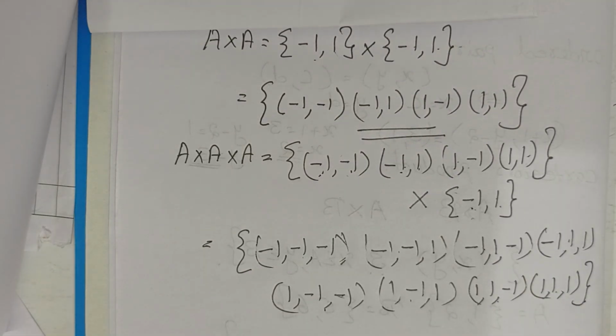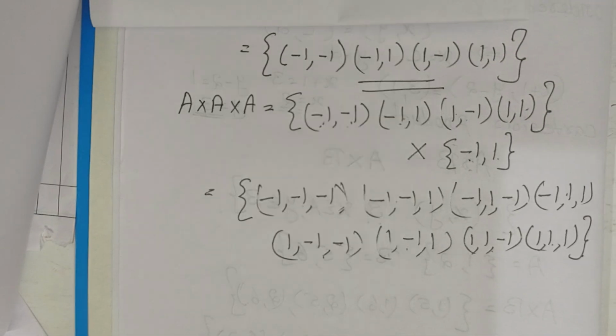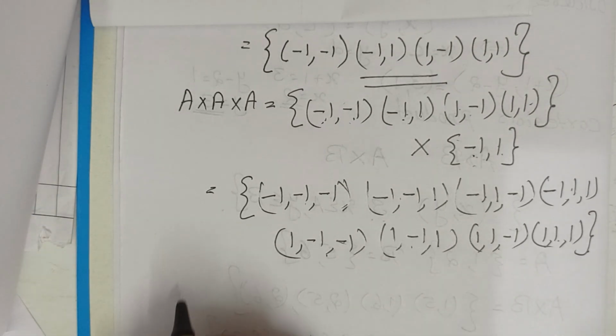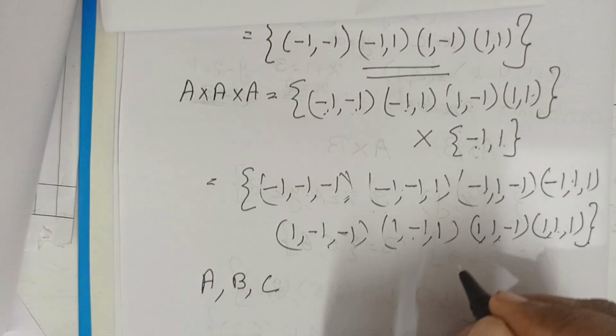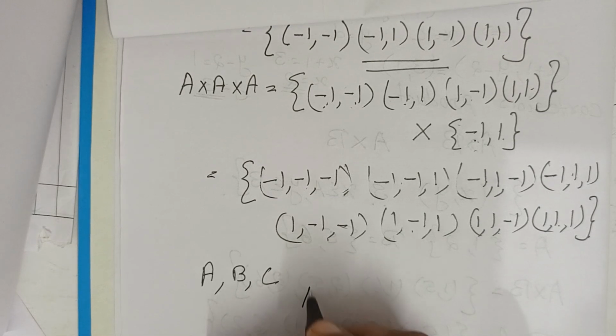I think you can write the definition also. If 3 components are there, the Cartesian product of 3 sets, A, B, C, which are 3 non-empty sets, then write the formula.